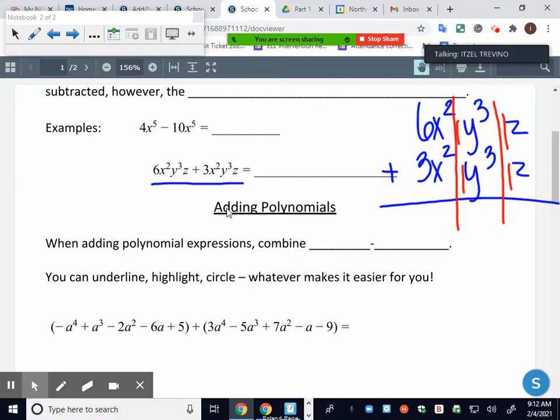So I'm going to add them. 6 plus 3 is 9. My variable and the exponent stays the same. And then I have 2 y's that are cubed. And then I have 2 z's. Okay? That's all that we're doing.